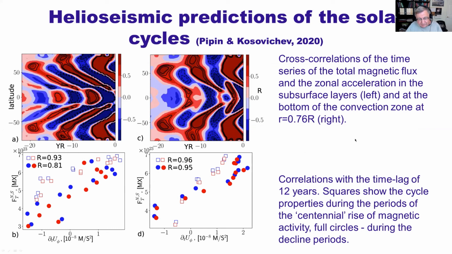And it turns out indeed, if you look at 0.76 solar radii, the bottom of the convection zone, at 60 degrees latitude, this is the best correlation, with a time lag of 12 years. So we have the prediction of the full solar cycle ahead. This works better for the long-term variations than for short-term variations, but it works in both cases. Also, the coefficients are weaker because we have these random fluctuations.